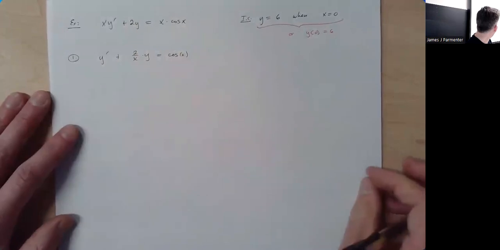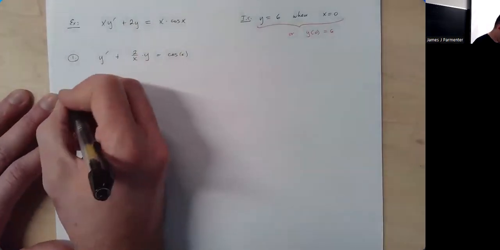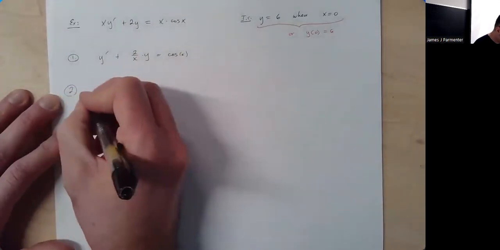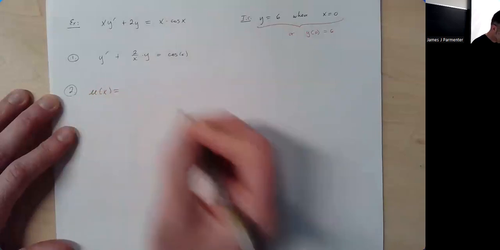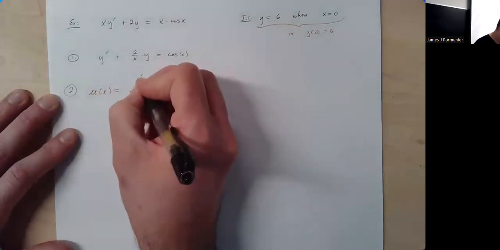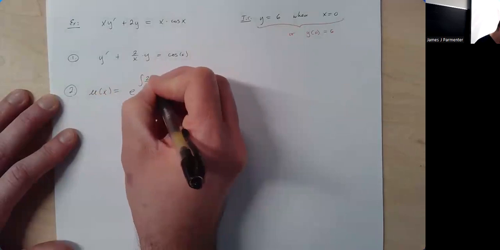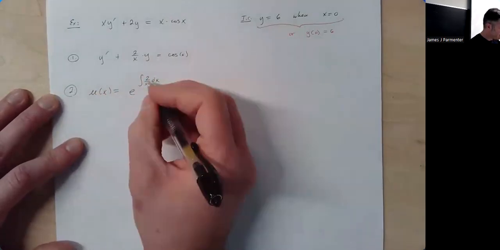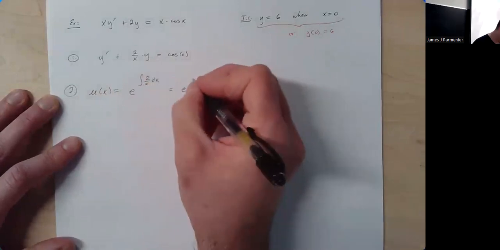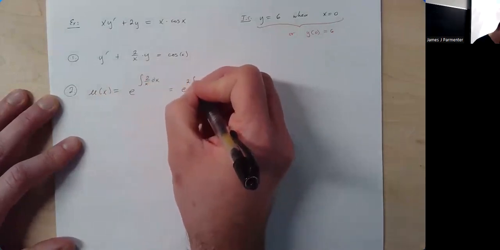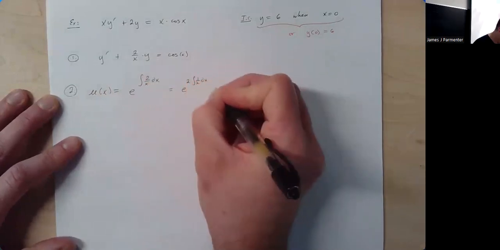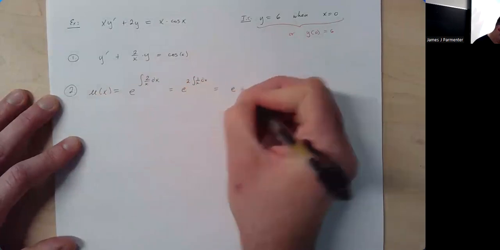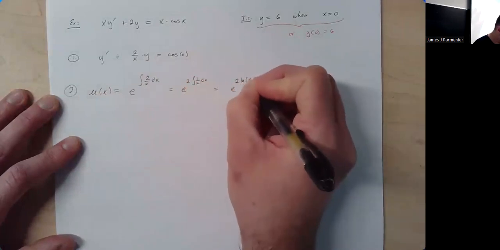All right, looking good so far. Let's find our integrating factor. Mu of x is going to equal e to the integral of 2 over x dx. If you like, you can factor out this 2 first just to make it easier to see: 2 times the integral of 1 over x. The integral of 1 over x is natural log of x.